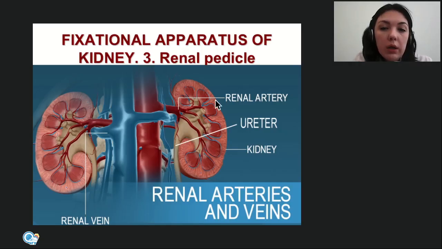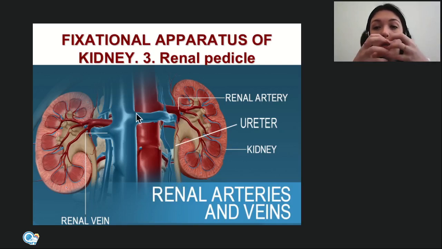Okay, so it includes renal artery and renal vein, and also ureter, and also nerves and vessels. Why do these structures contribute to the fixation of kidney? Because tissues in our body can stretch, but this elasticity of tissues is not endless.